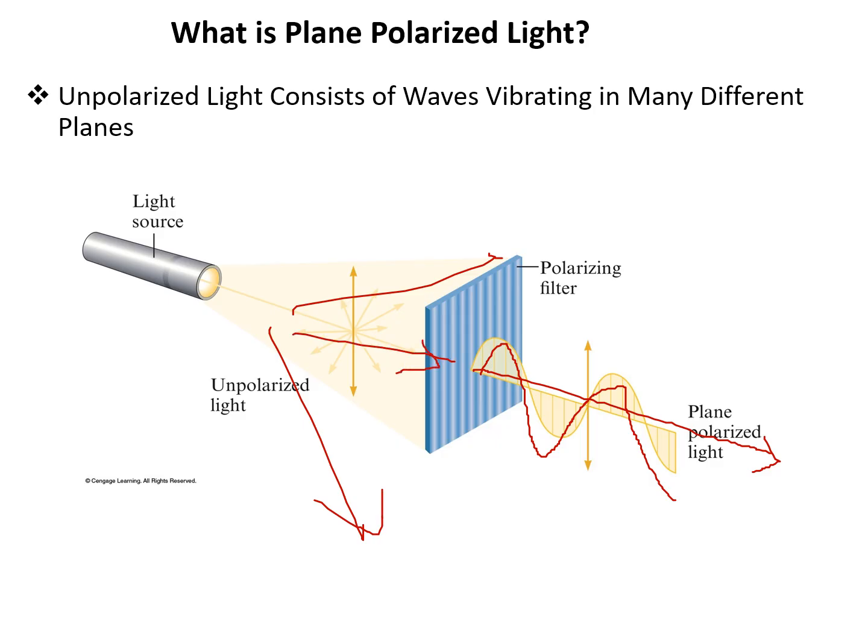When light is polarized using some material, we call it plane polarized light. Only enantiomers can rotate this light. I hope it is clear for you.